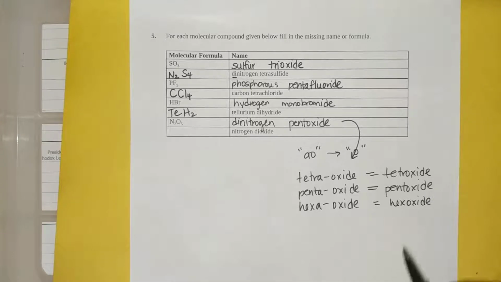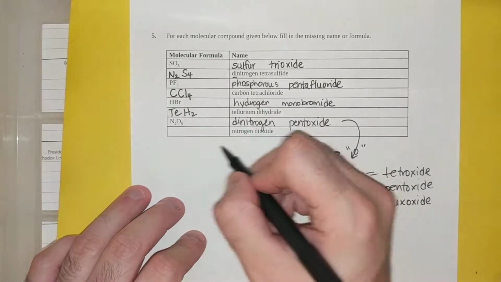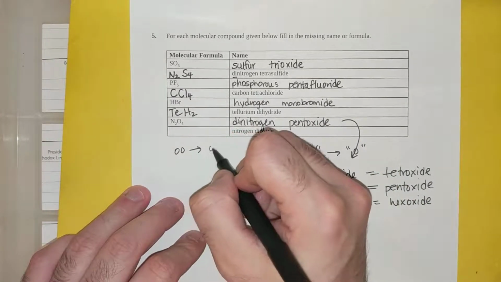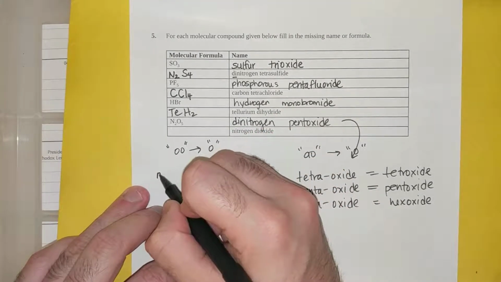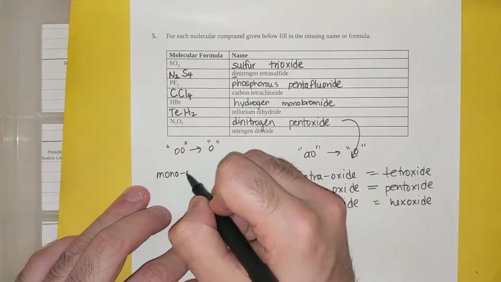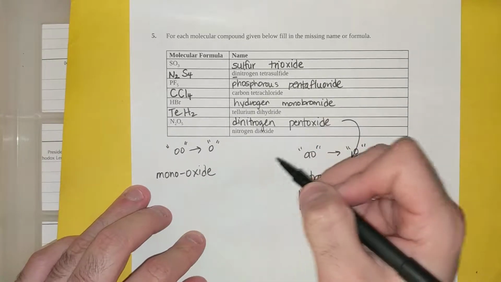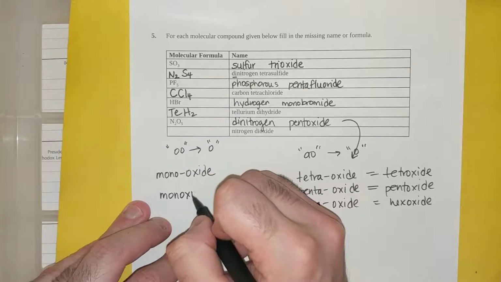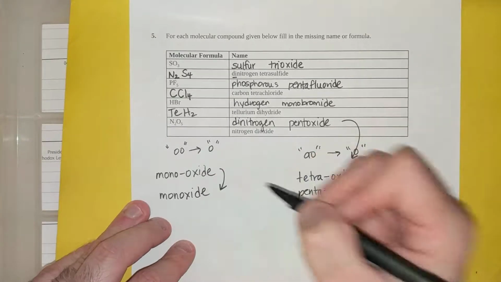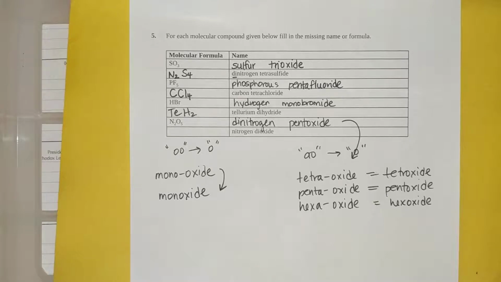So just some examples. Same thing happens with OO, it just becomes O. So instead of it being mono-oxide, which would be awkward to pronounce, I drop one of the O's and I just write monoxide. All right, so our oxides get named a little bit differently sometimes.